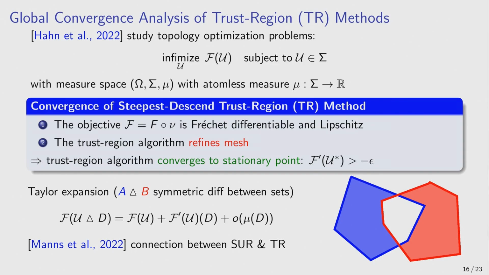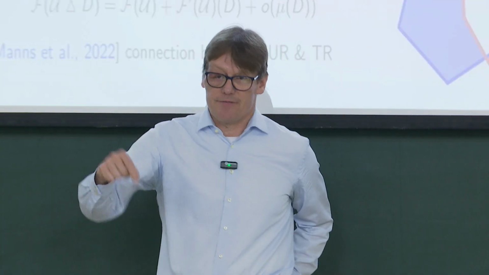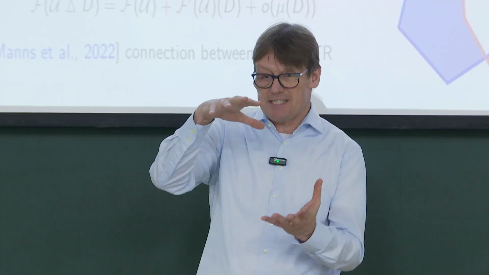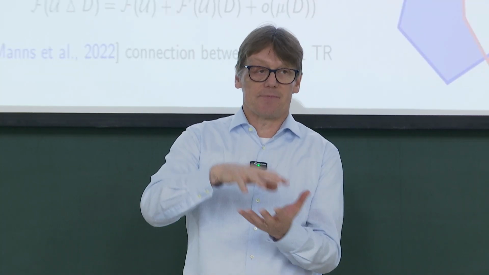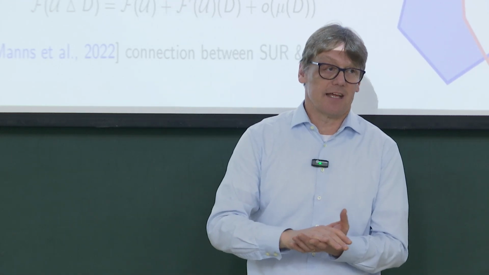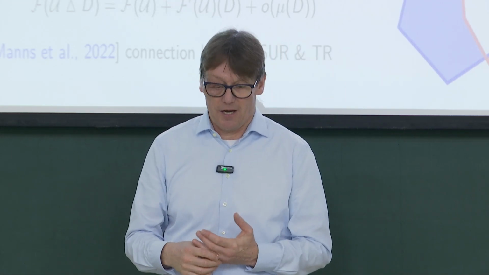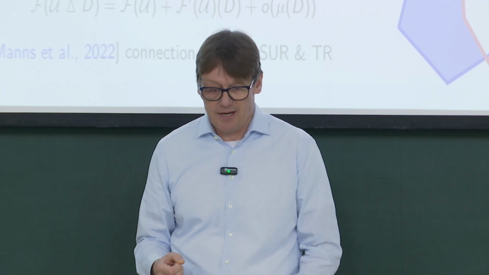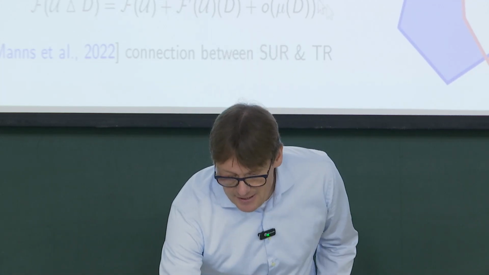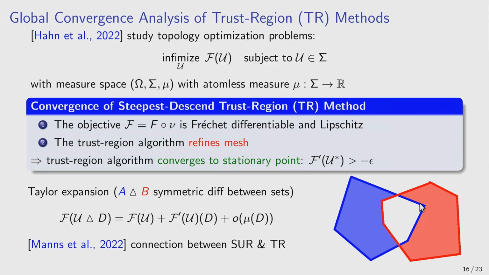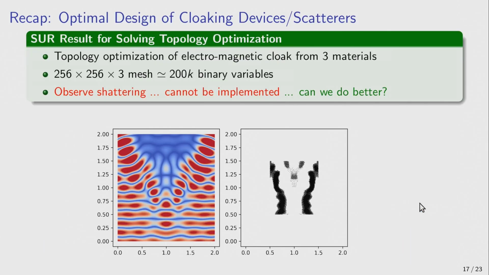He has a way of doing a Taylor expansion over sets. That's the right notion of how to prove convergence here, because you're no longer working with individual integer variables. You think of those as indicators of a set, and then you work with the Taylor expansion of those sets. So that's a concept lifted from topology and shape optimization. And then you can show convergence, but you have to work with very difficult concepts there. So I shouldn't really show that.